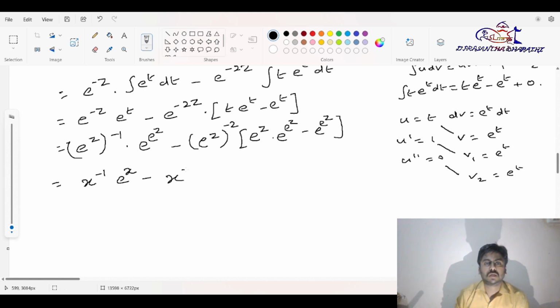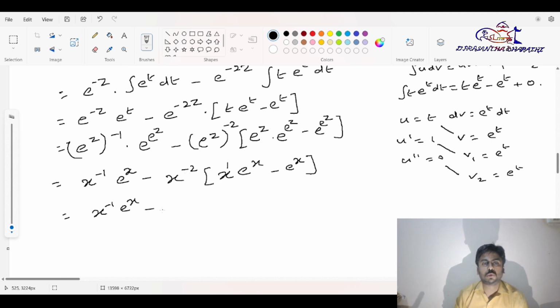That is x^(-2) times e^z, with x equal to e^z. So x e^z means x e^x minus e^x. So this equals x^(-1) e^x minus, since it is x^(-2), minus into minus becomes plus, x^(-2) e^x.